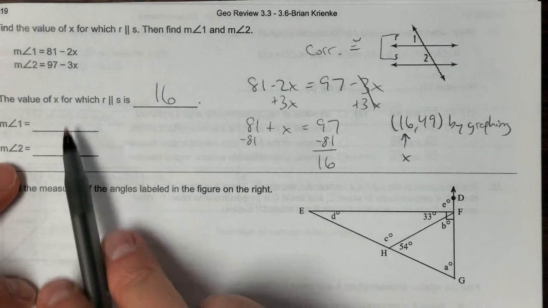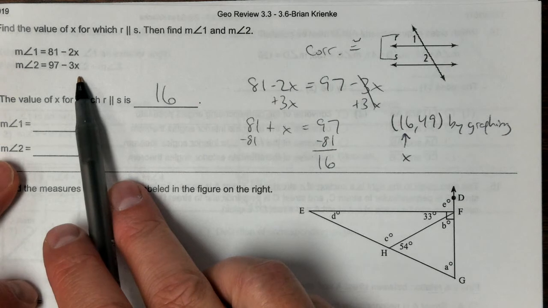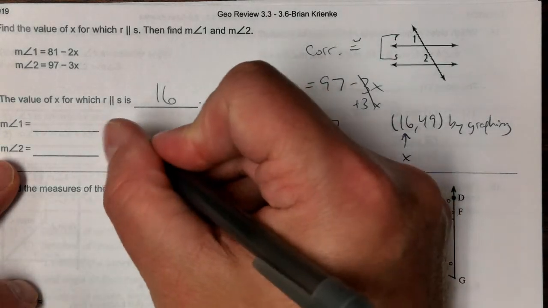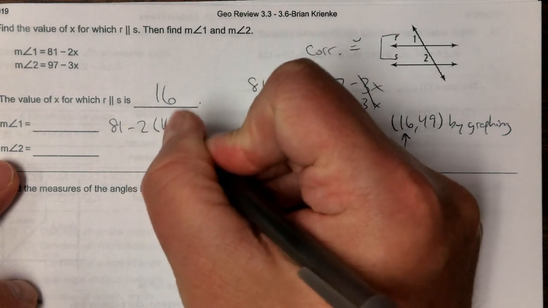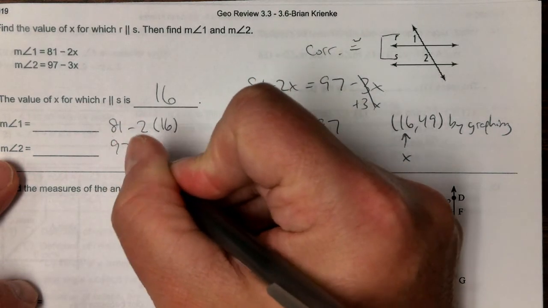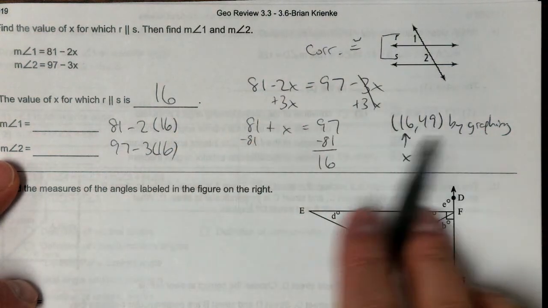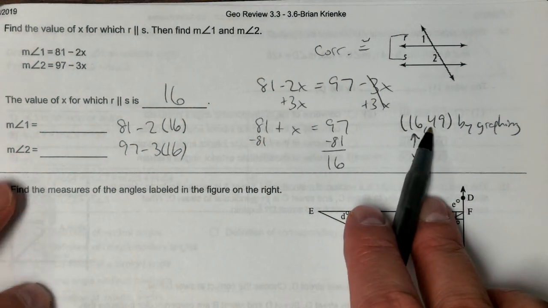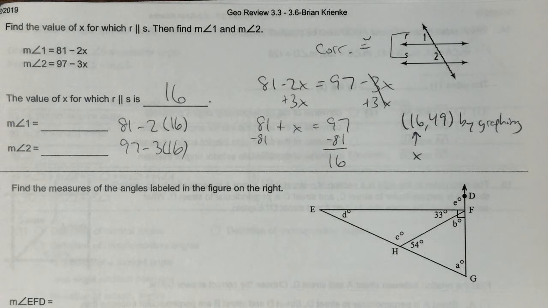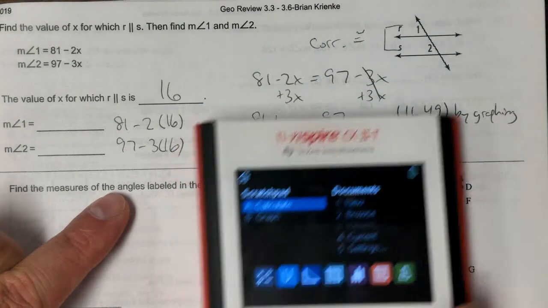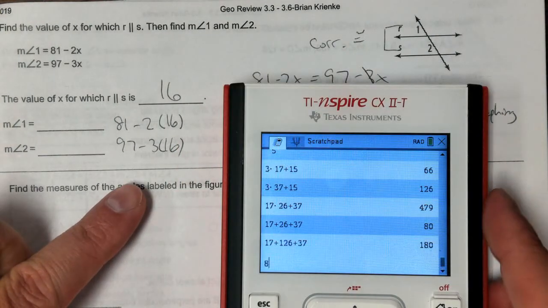The next part you got to do is plug it in. 81 minus 2 times 16 and 97 minus 3 times 16. Now, if you did it this way, you already know you should get 49 if you did it by graphing.